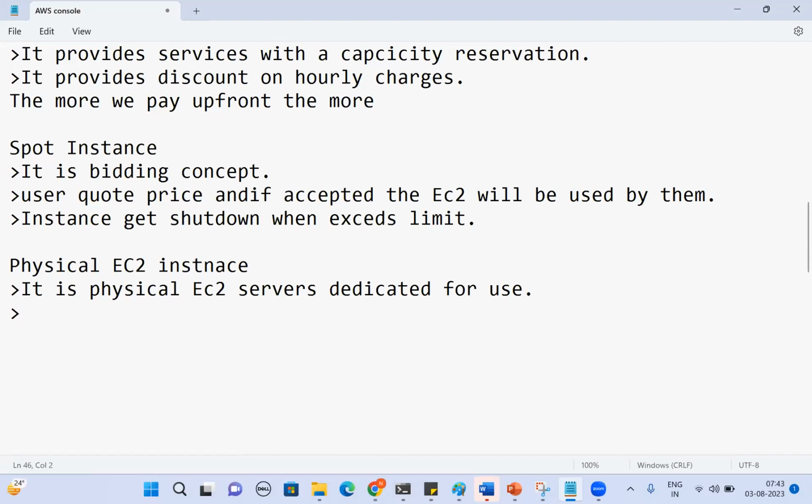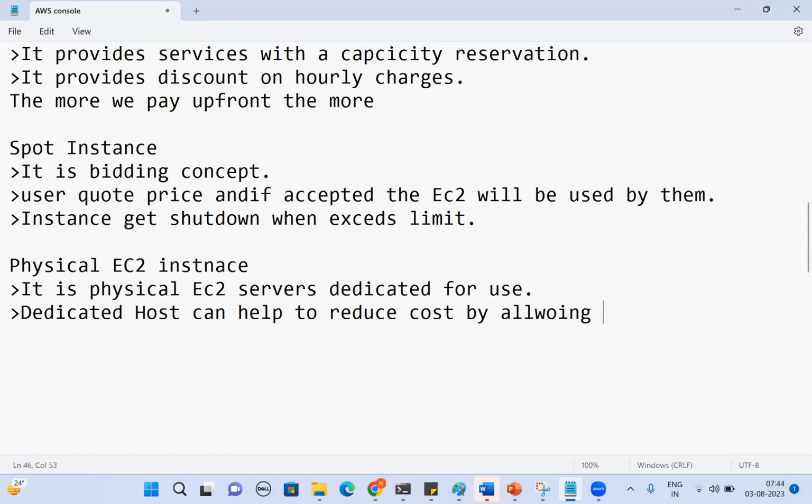And the second one is: dedicated host can help to reduce cost by allowing you to use existing server-bound software license.